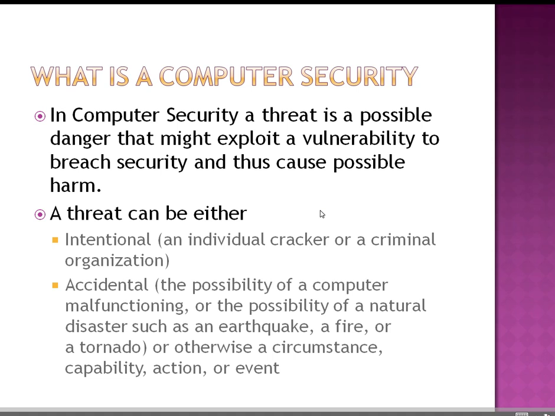And accidental, an example is a computer malfunction where your system crashes while doing your work, or the possibility of natural disasters, earthquakes, or any fire. It could be anything. So this is accidental. There are two types: intentional, someone doing it purposely, and accidental, where the threat occurs unknowingly.